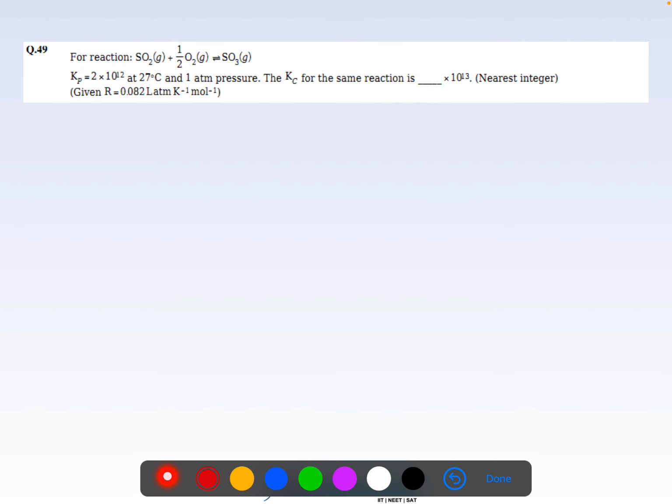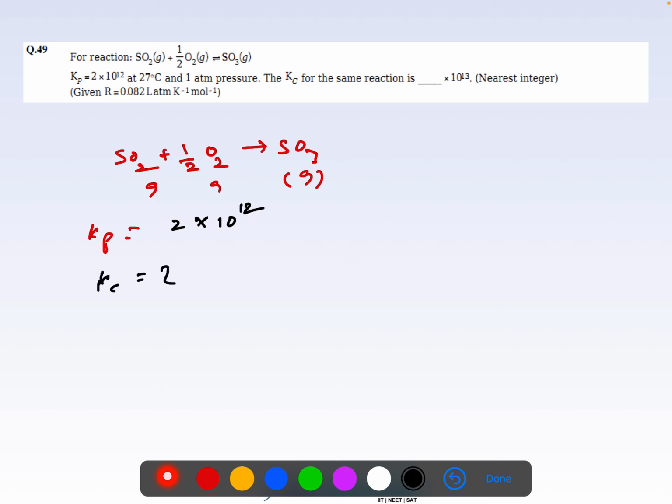In this question, SO2 is reacting with half O2 to give SO3, and all are gases. Here the Kp value is given, equal to 2 into 10 to the power 12, and the question asks for Kc. We know Kp is equal to Kc into RT to the power delta n.